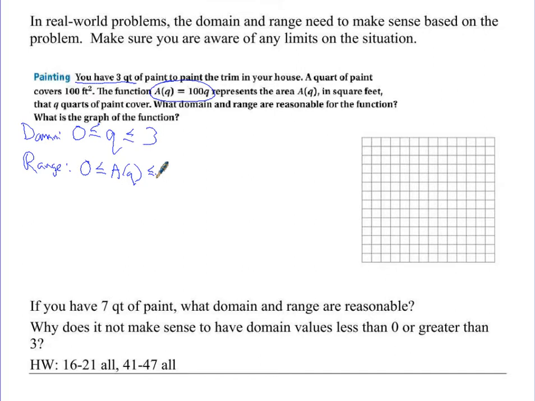It's 100 per quart, so 300 total. That's your domain and range. I know it looks very strange to you. You've seen this sort of notation before, though. If that's an and statement sitting there, I have to be greater than 0 and I have to be less than 3. I have to be greater than 0 and I have to be less than 300.